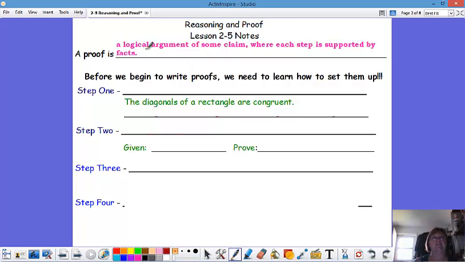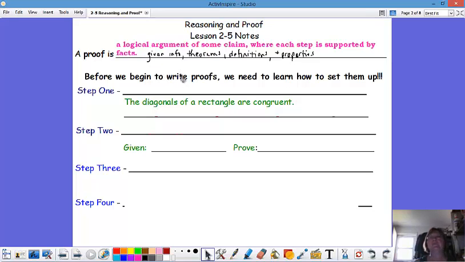In geometry, those facts have to be given information, theorems, definitions, and properties, algebraic properties that we'll review a little bit today. So a logical argument where each step is supported by a fact. Okay? You have to have a reason for saying that something is so.